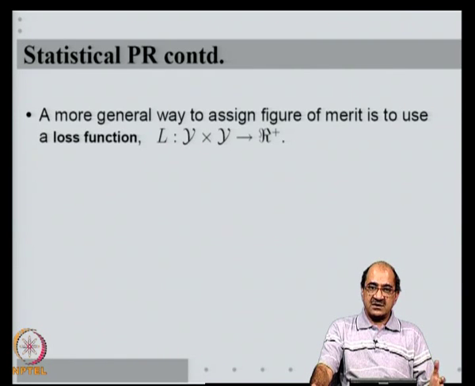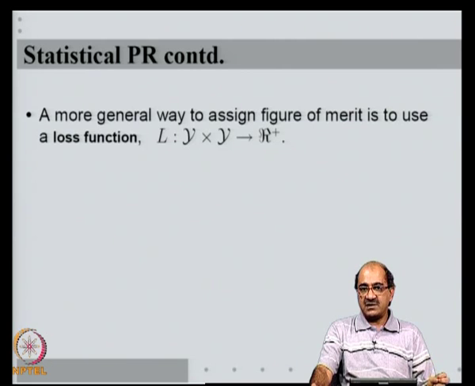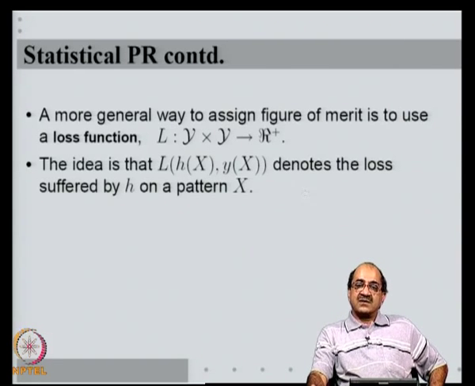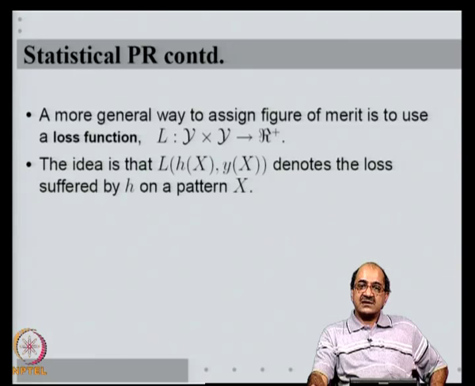A loss function is a function whose domain is Y cross Y. Y, as you may remember, is the set of class labels. That is, given any pair of class labels, it assigns a positive real number. L is a function from Y cross Y to R plus, the positive real line. The idea is that on a given x, y(x), the random variable, denotes the true class of x, and h(x) denotes the class label that a classifier h will give.